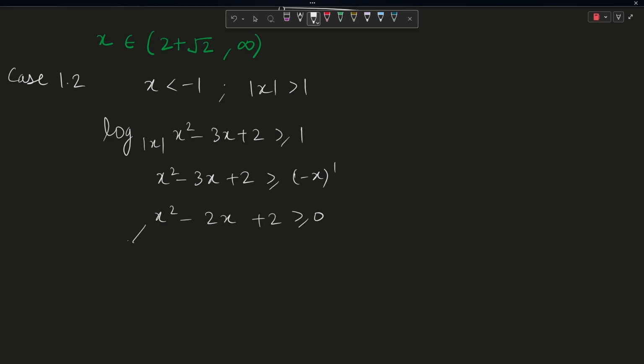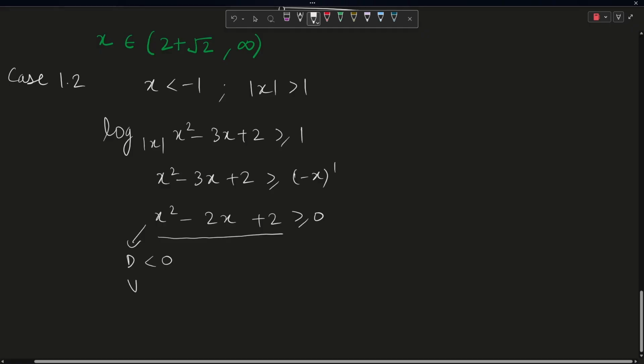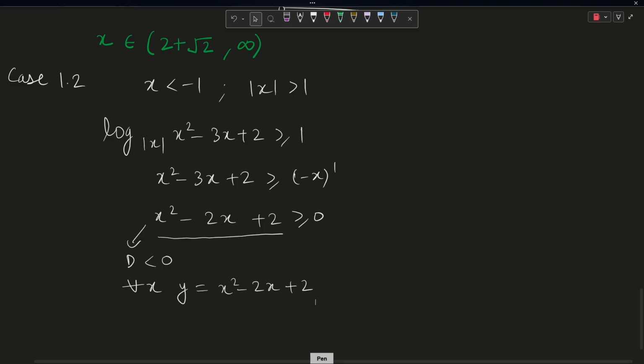If you observe this, the discriminant of this is negative, as the discriminant of this equation is 4 minus 8, which is minus 4, right? So the discriminant is negative. That means for all possible values of x, x square minus 2x plus 2 will be greater than 0.